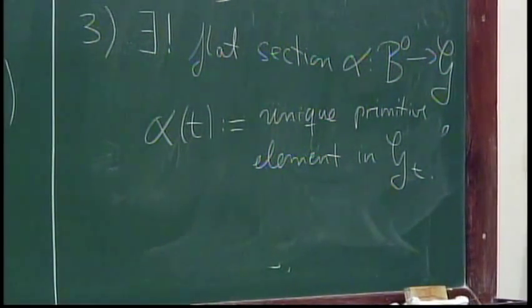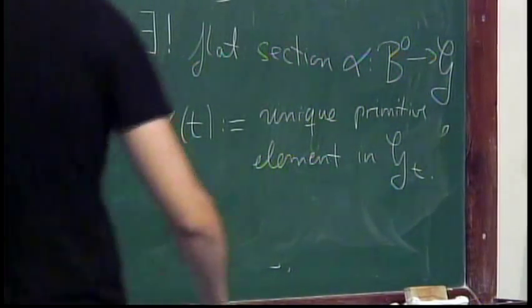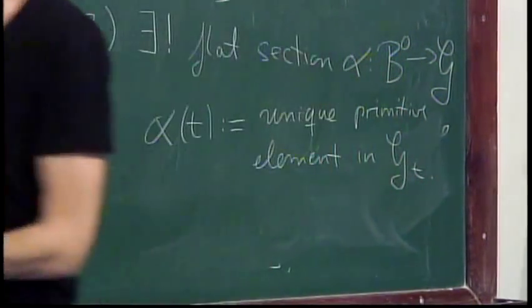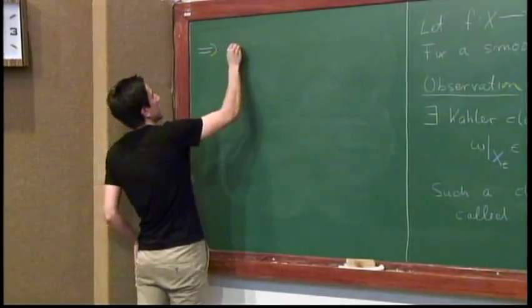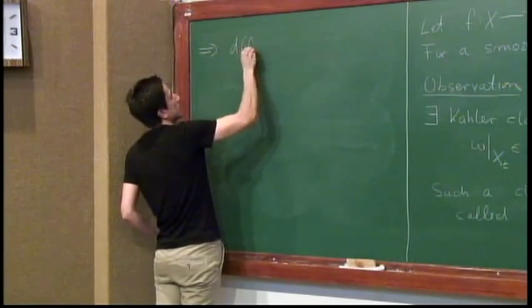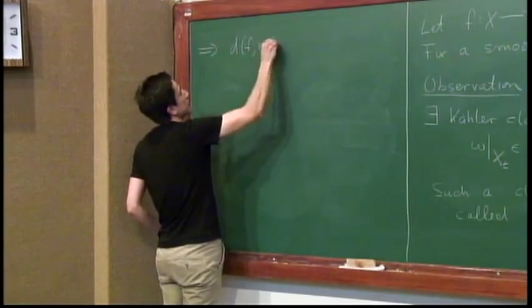And this is exactly, so for every t, we hit exactly the restriction of omega to X_t. So that's the polarization type of the Lagrangian fibration.